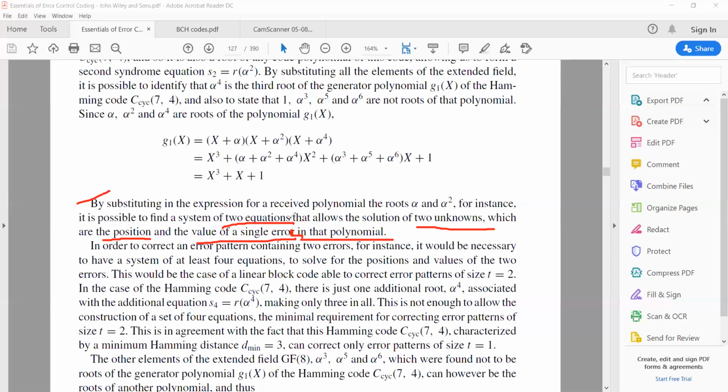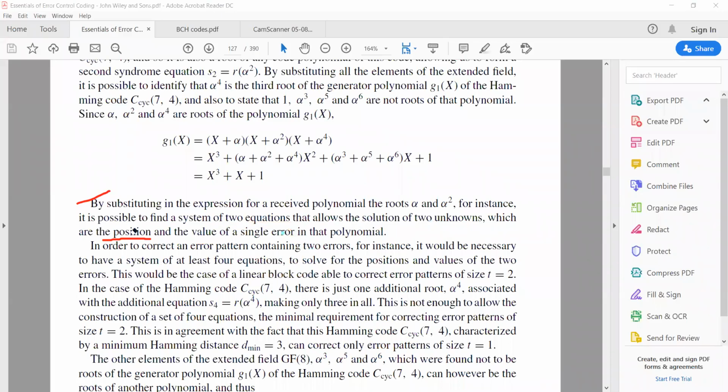So when we have to find a single error in the received polynomial, we need two equations of two unknowns, the position and the value. But when we need to calculate m errors in the received polynomial, then we need 2m equations.